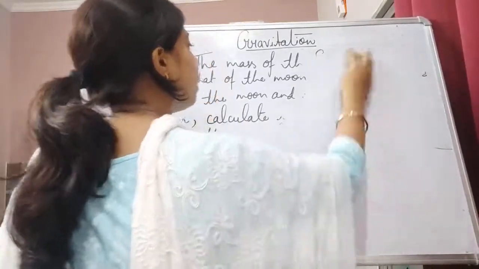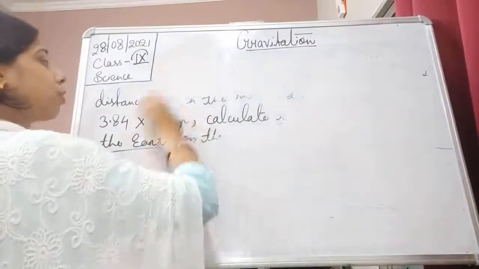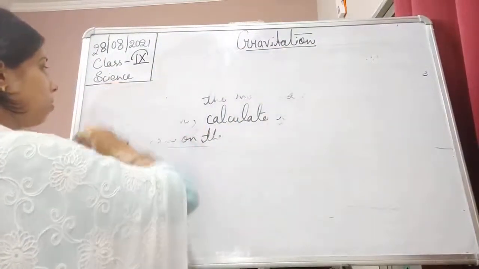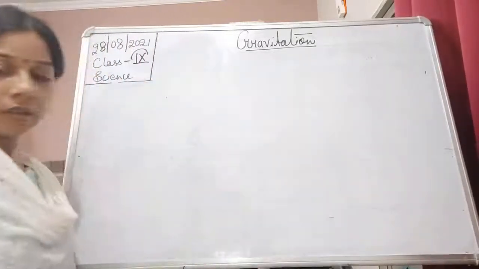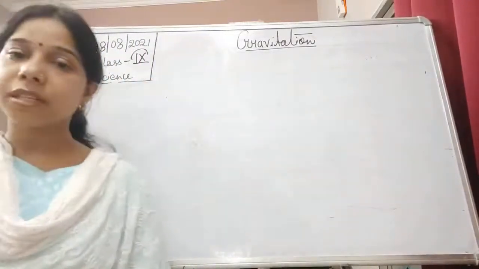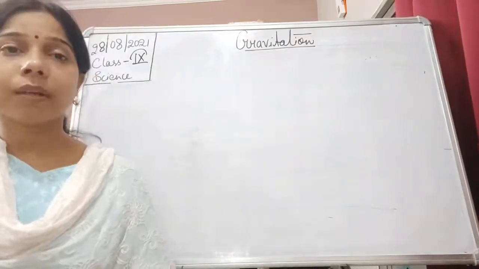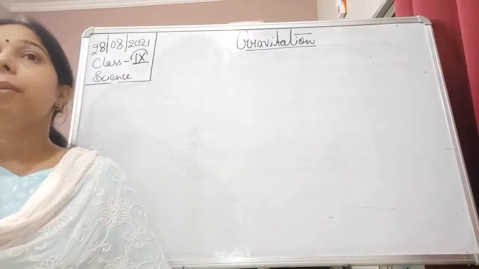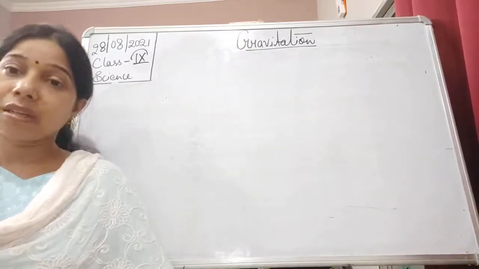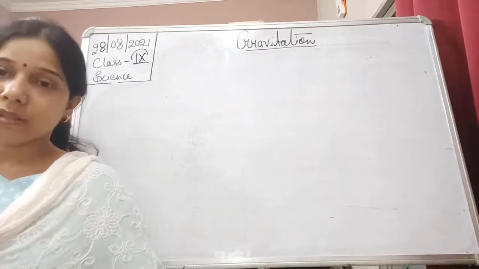See, gravitation does not exist only between two objects having small masses, but even among celestial objects in the solar system. You see the planets, they revolve around the sun.